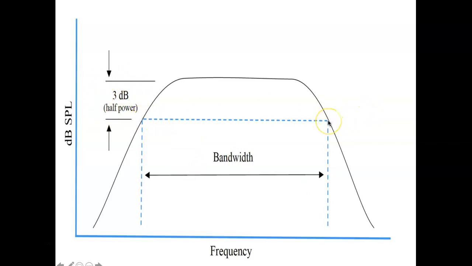So for this particular frequency response, the bandwidth goes from here to here. So whatever this frequency is to whatever this frequency is. There are reasons why you can't use this piece here. We use where the frequency response intersects the 3 dB down point, or what we call the half power point. Okay, this is used for hearing aids, right?